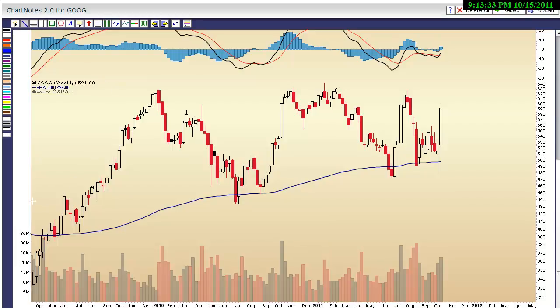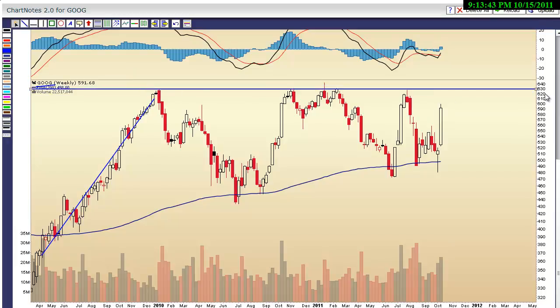We see first of all that Google had a very nice run to the upside and topped out, and the price level on that looks to be about 630.